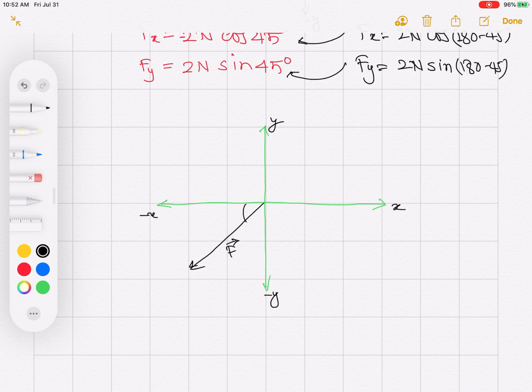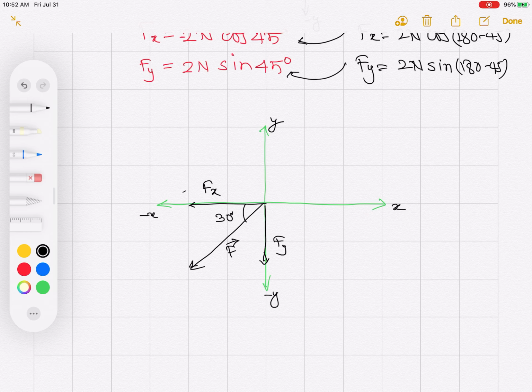This is the angle, suppose it's 30. Now both components of the vector will be negative: the x component should be negative, and the y component also should be negative. So here you get both components negative, so you need to take care.